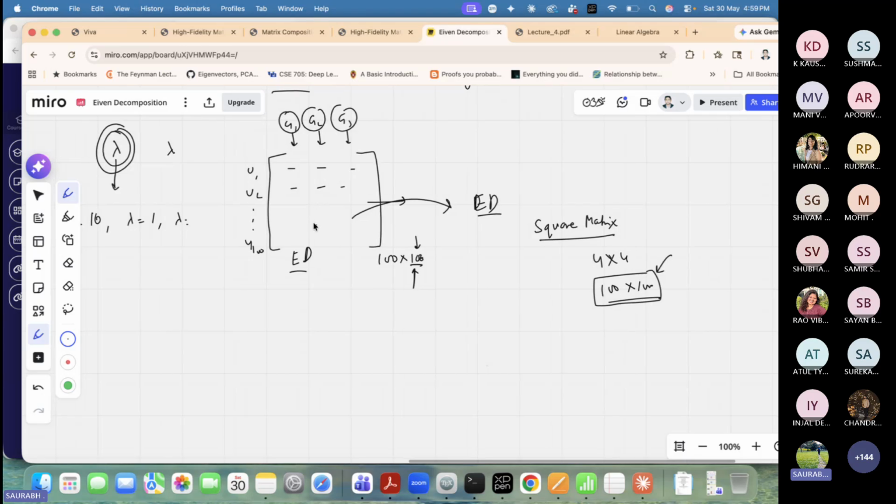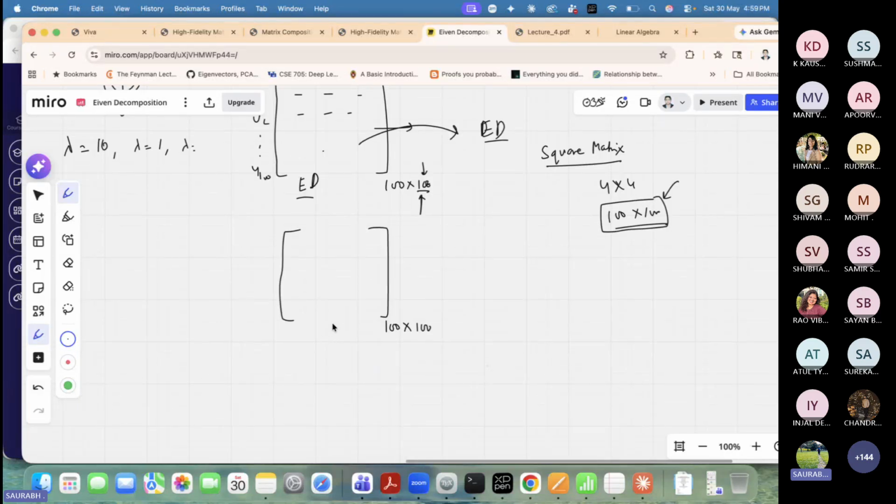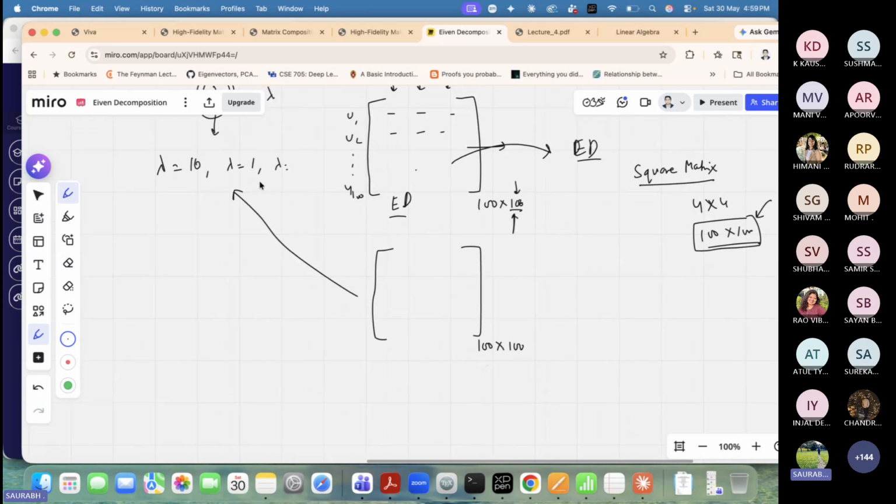But just because you asked how it is relevant in machine learning, let's say that you somehow have a 100 cross 100 matrix, 100 users, 100 genres. Let's say your eigenvalues come down like this. The first eigenvalue is 10, second is 1, then third is 0.5, and fourth is, let's say, 0.2, and so on. Lambda 100 is 0.1, right?